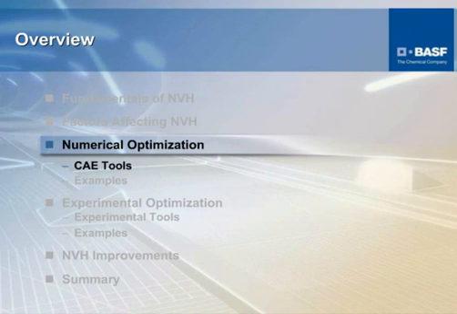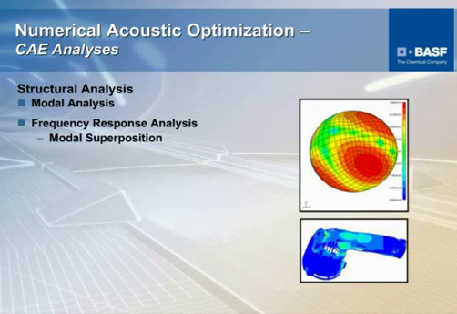I want to talk about some numerical optimization tools, and in particular some computer-aided engineering tools. So we have a structural analysis where we can get the model, do modal analysis, get the natural frequencies, and then we can take that into a frequency response analysis and extract the response of the structure based on the frequency signature.